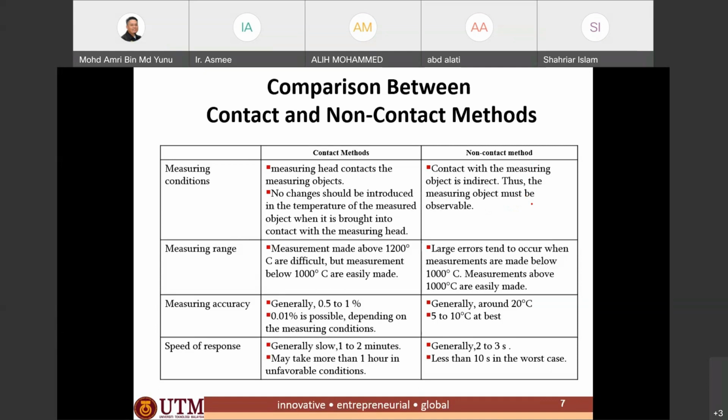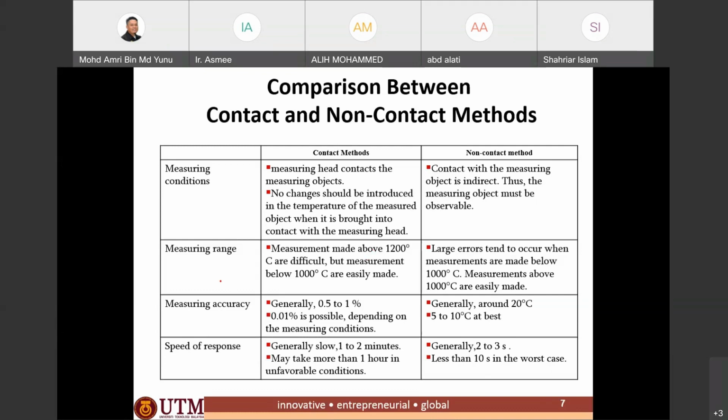Depending on the application, some can measure the heat even beyond a thick wall. With thermal imaging, for example, temperature can still be measured, but the measurement for non-contact must be facing the object. Otherwise it may not make a proper measurement.